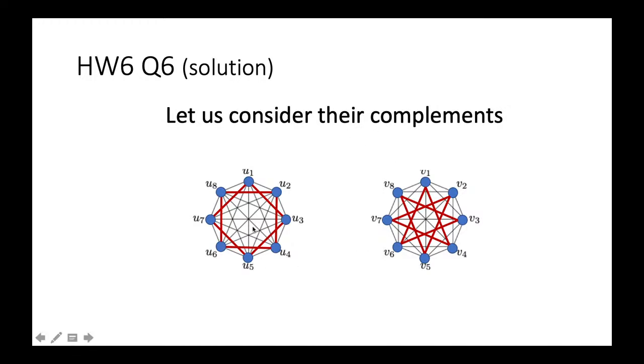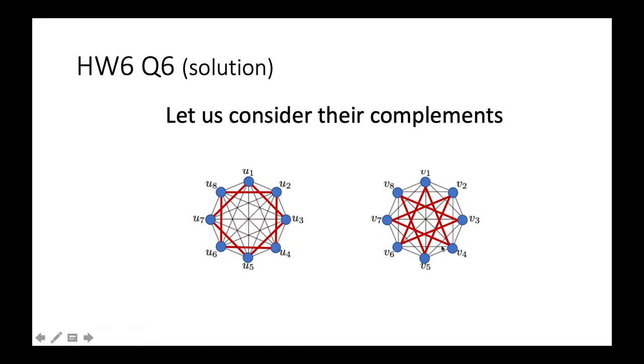The complement on the left-hand side looks like two disjoint squares. The right-hand side looks like a star. Immediately we can see that the complement graph on the left-hand side has two connected components, but the complement of the graph on the right-hand side has just one connected component. That means the complement graphs cannot be the same.